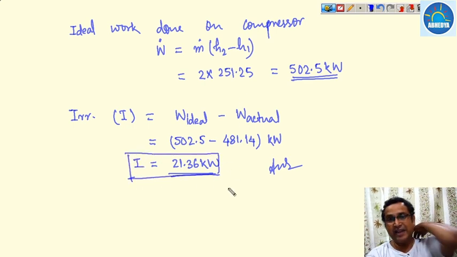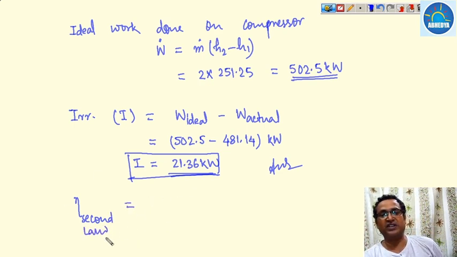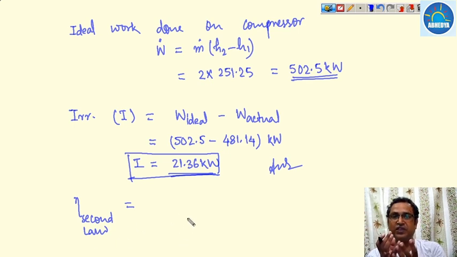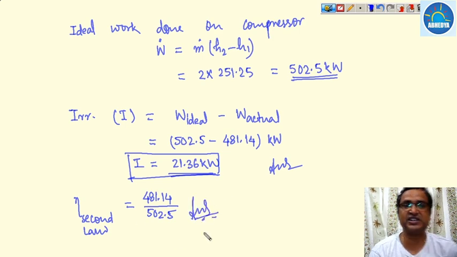At the same time we can also find the second law efficiency, which is also very important. So what is the second law efficiency? The second law efficiency is nothing but the actual work done divided by the ideal work, that is the maximum work which we can do. That becomes 481.14 divided by 502.5. So this is the second law efficiency.